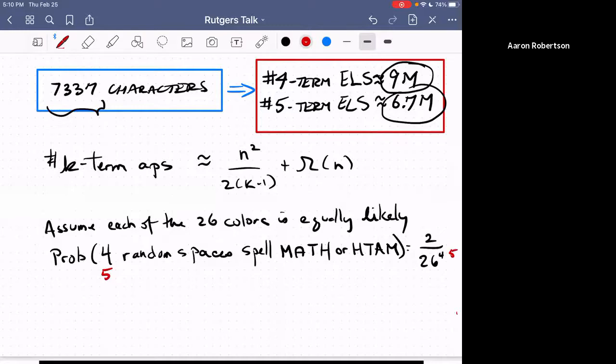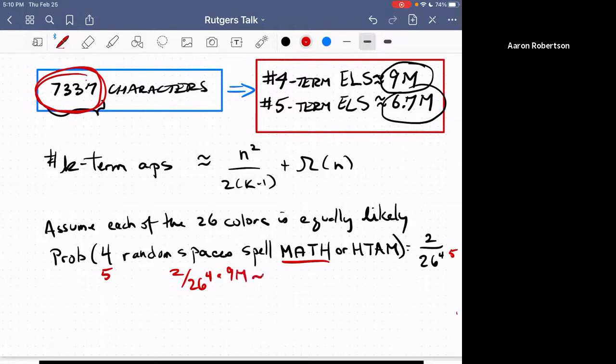Okay, so if I wanted to know in that excerpt of 7,000 plus characters, how many times do I expect to see the word math? Well, each has probability 2 out of 26 to the 4th, and there are about 9 million.